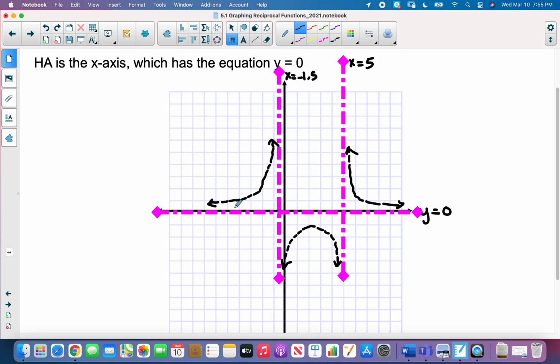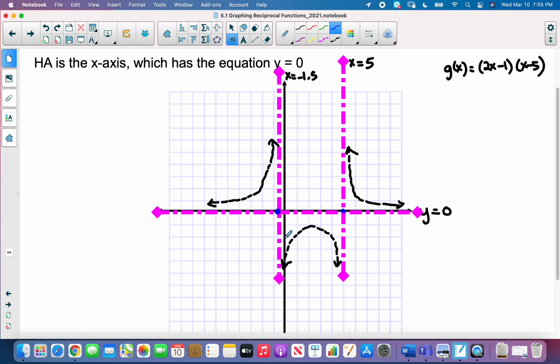We could also get closer points if we graphed the original function, g of x equals 2x plus 1 times x minus 5. What would that function look like? Let's try to draw that. Its zeros would be negative 1.5 and 5, and it would have a y-intercept of negative 5.